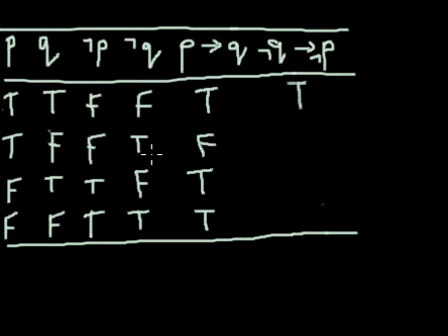Not Q is true and not P is false, this means this is false. Not Q is false, not P is true, this is true. Not Q is true, not P is true, the statement is true.